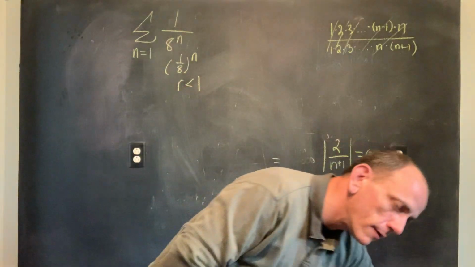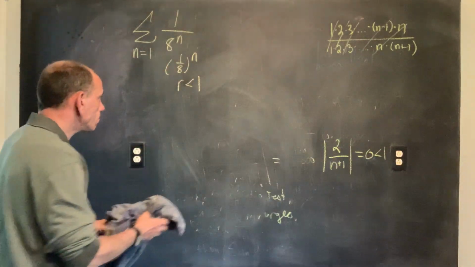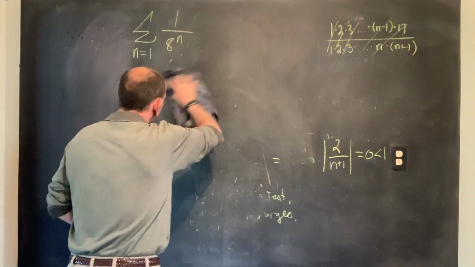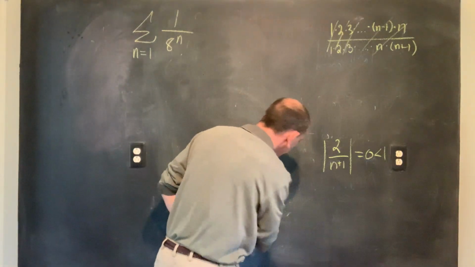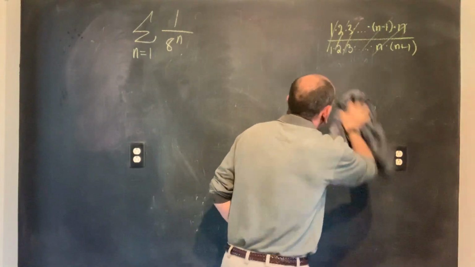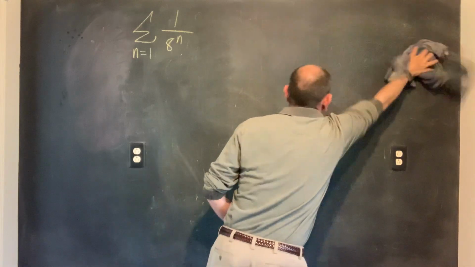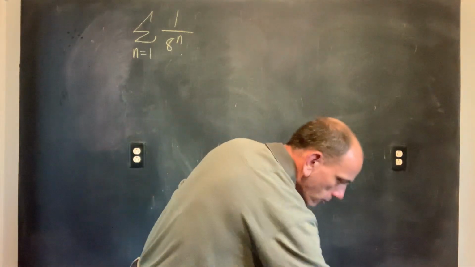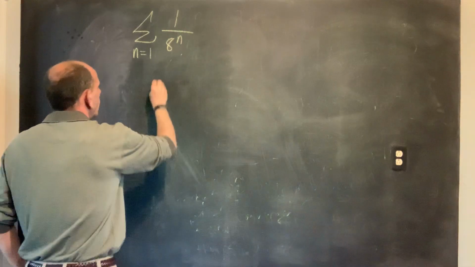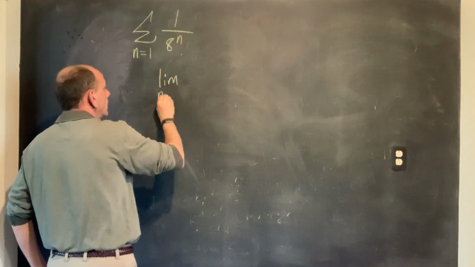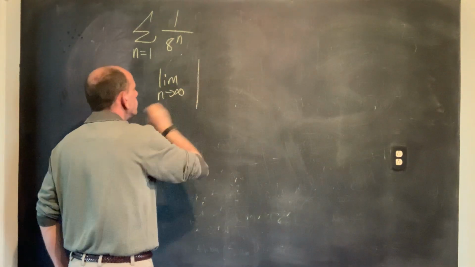But let's do it with the ratio test, see how that works. Again, I'm looking at the limit as n goes to infinity of the ratio of the terms. So limit as n goes to infinity, the absolute value.